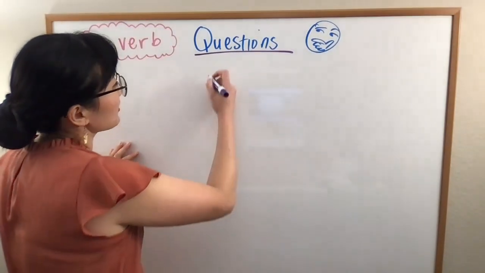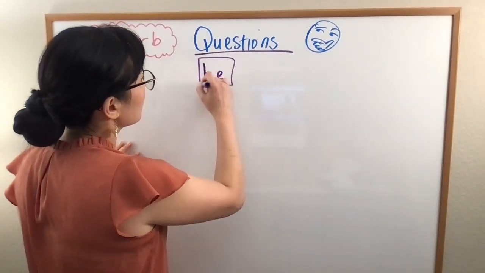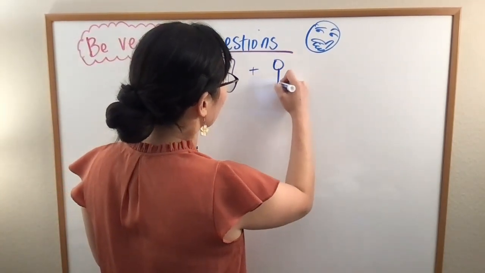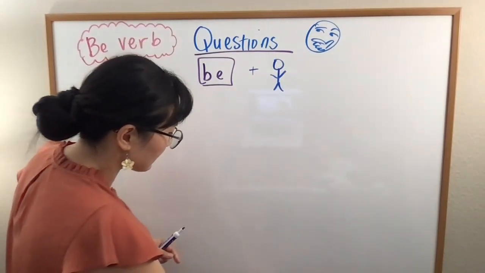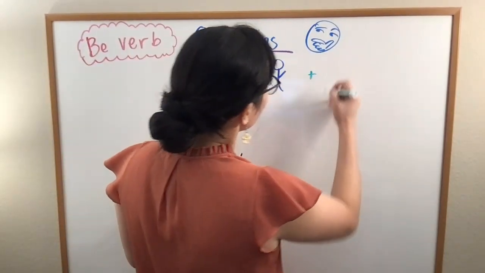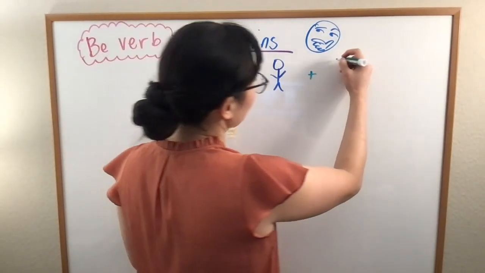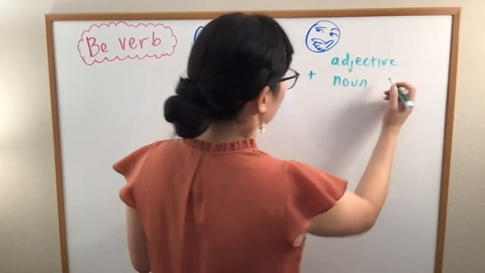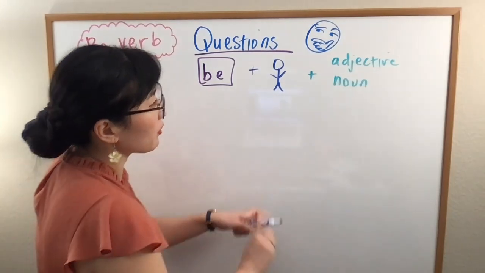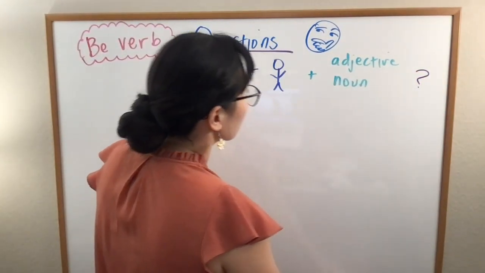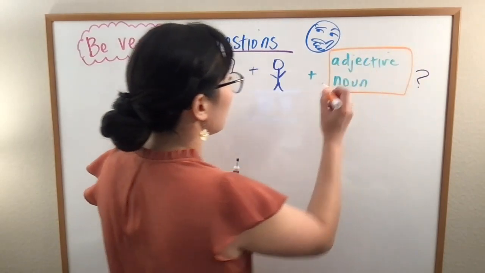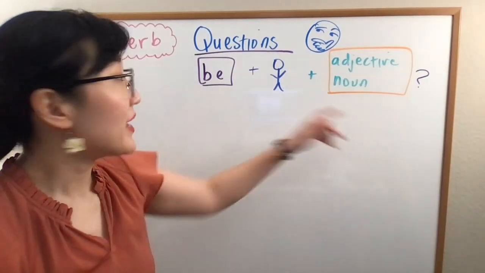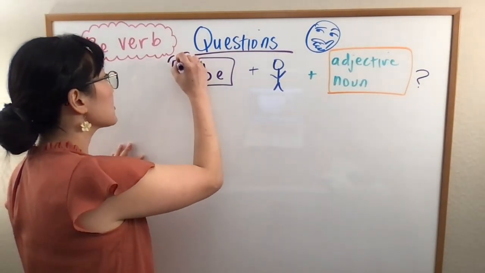When you first see this be verb and a person, who, you can either have an adjective or a noun. Let's look at this question.